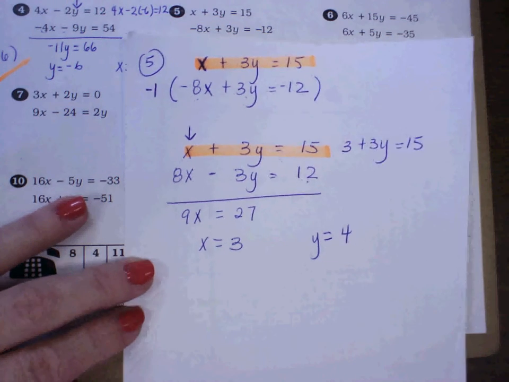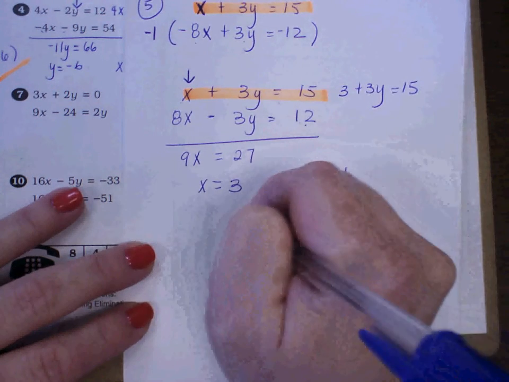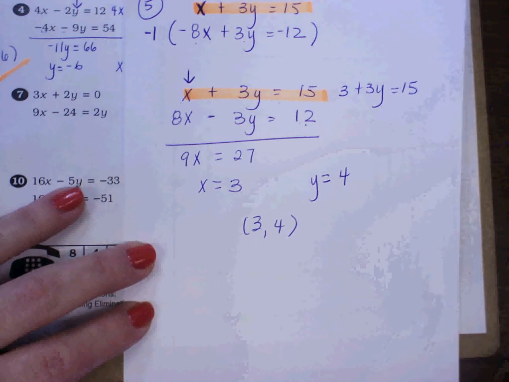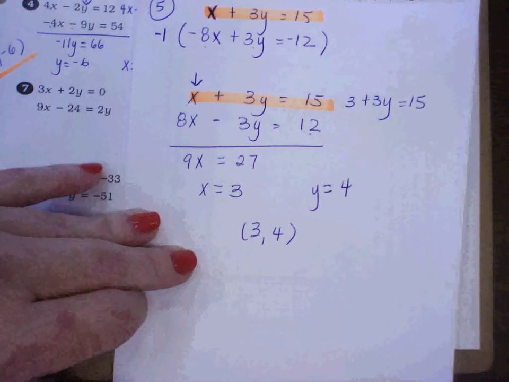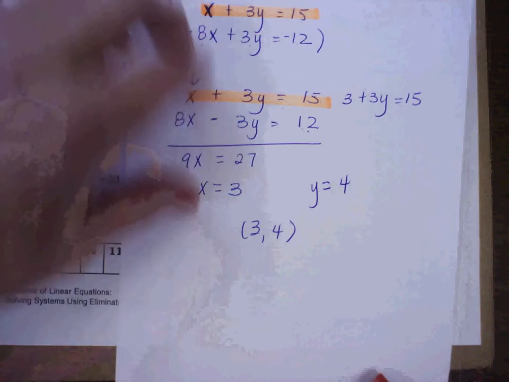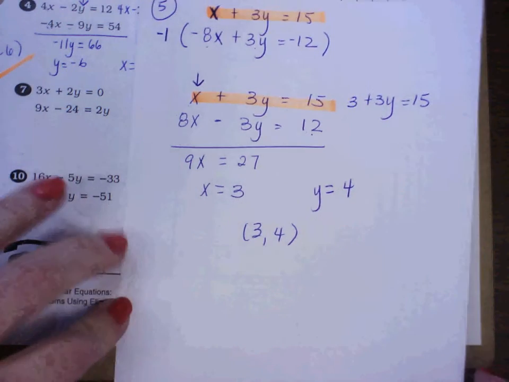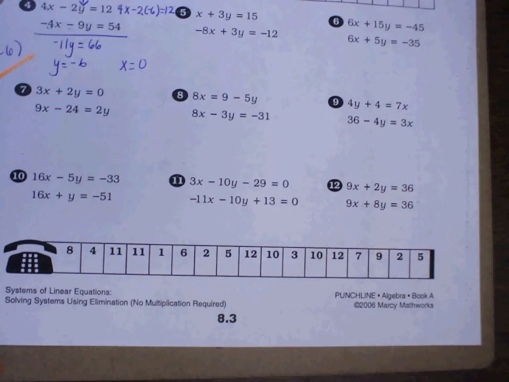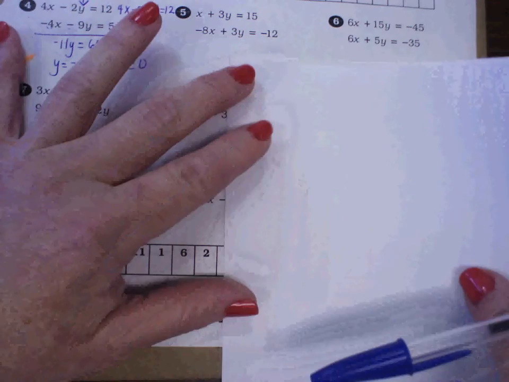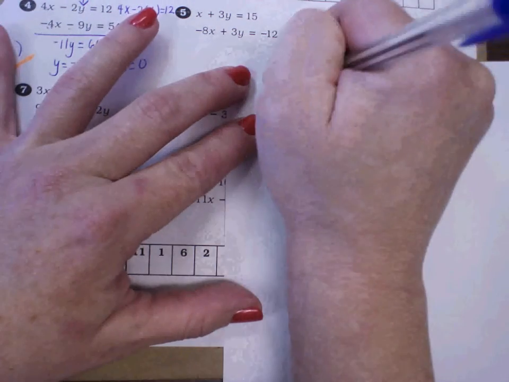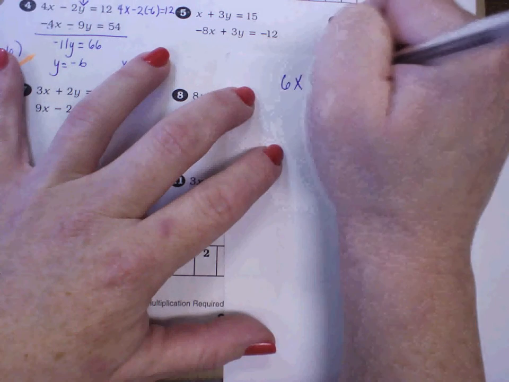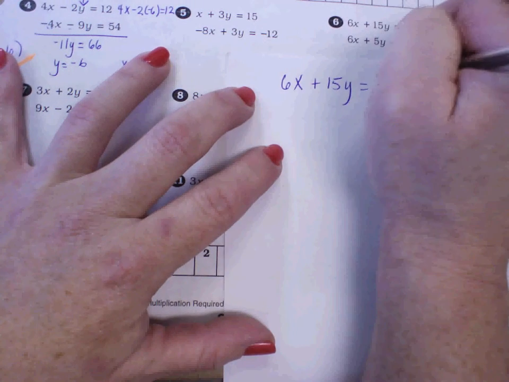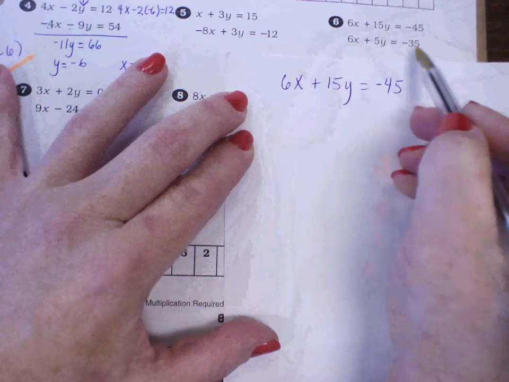Yes, babies? All right, ready for number 6? All right, look at number 6. We're going to do the same thing, right? But which one am I going to change? I usually just change the bottom one, right? So instead of 6x, because when I multiply by negative, I have to change everything, right?